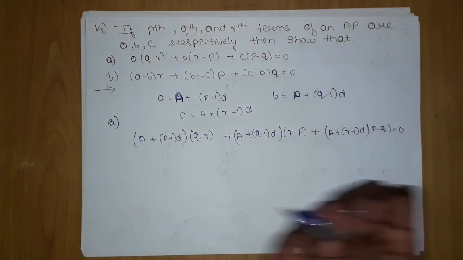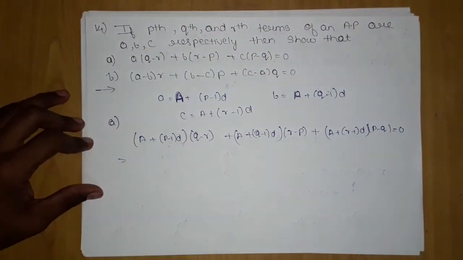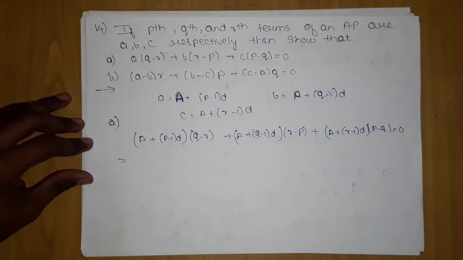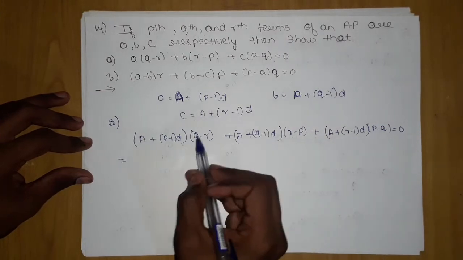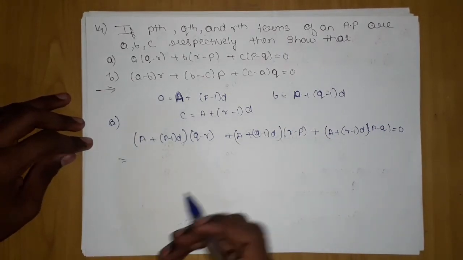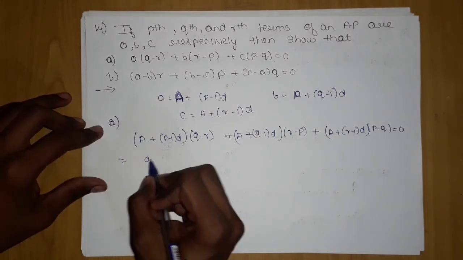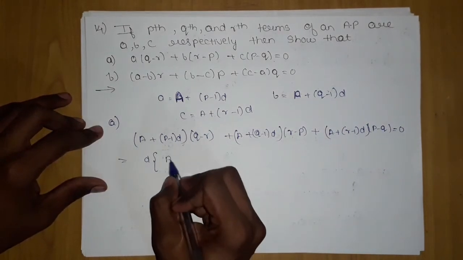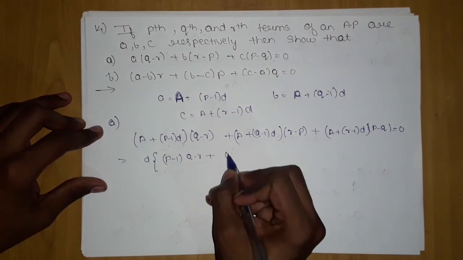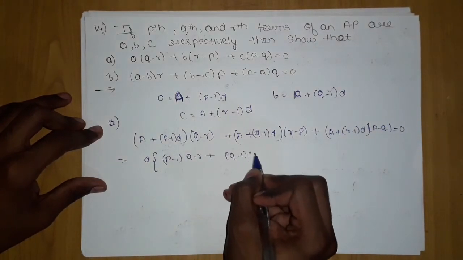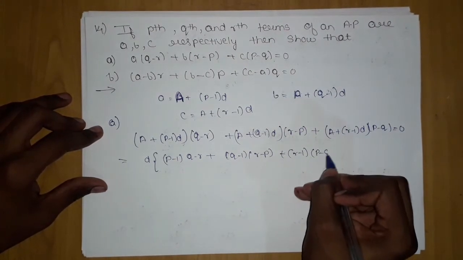Now if I multiply, the same logical aptitude you apply in AP, these things are very crucial. The A terms follow a particular pattern and cancel, so I don't calculate them. Further, if I take D common, I have P minus 1 into Q minus R plus Q minus 1 into R minus P plus R minus 1 into P minus Q.